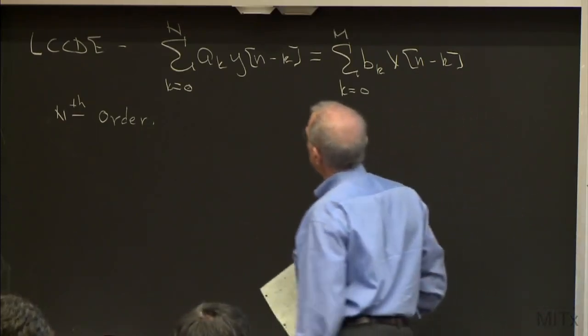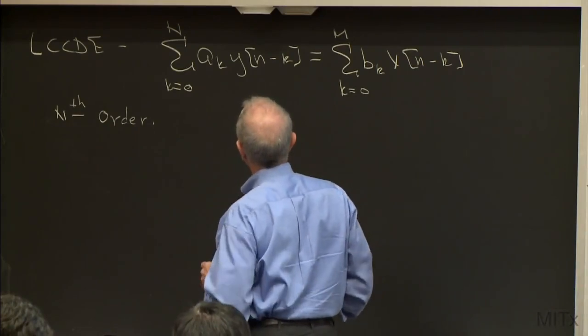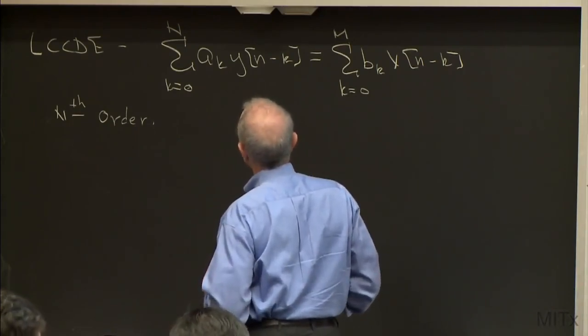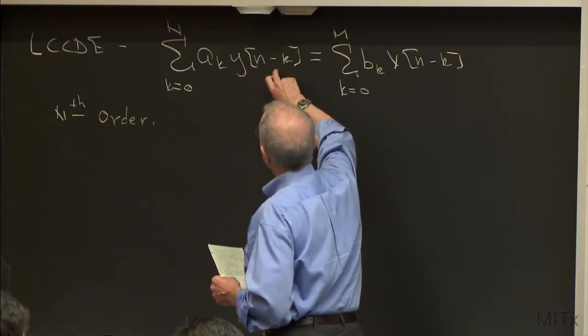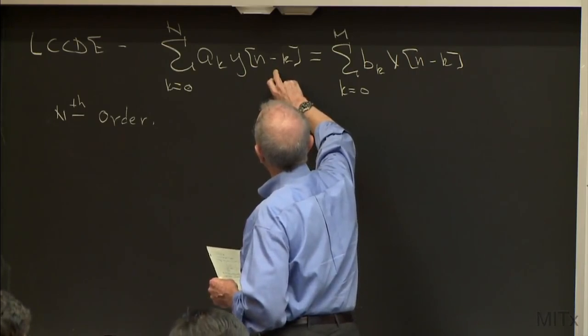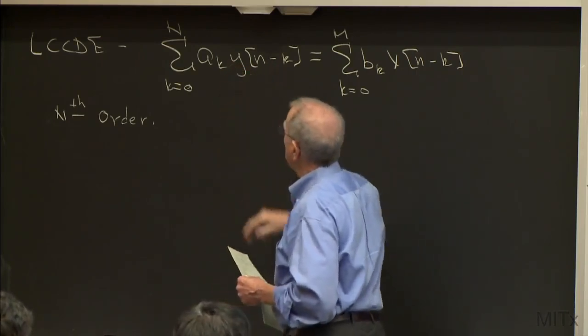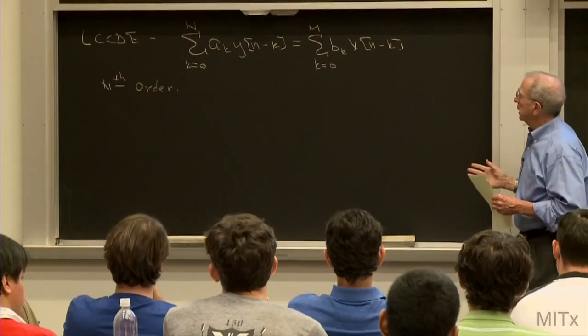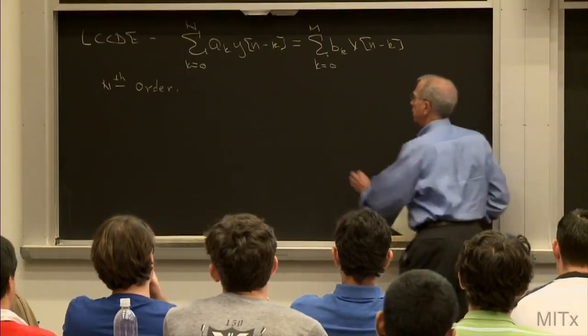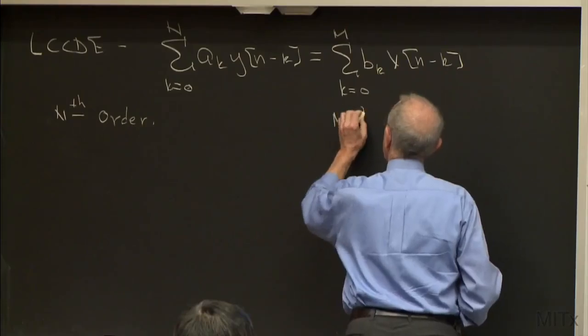But then sometimes we end up with all these a_k equal to 0 except for k equals 0. And then we would end up talking about it as an Nth order equation.